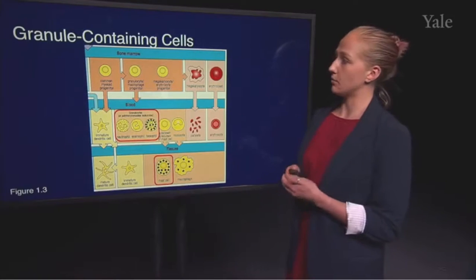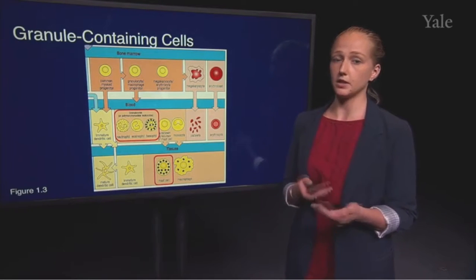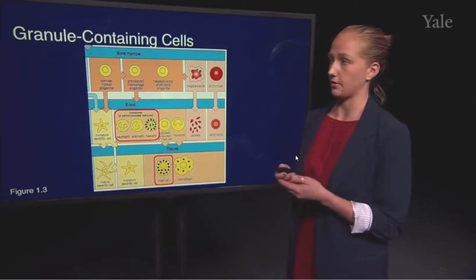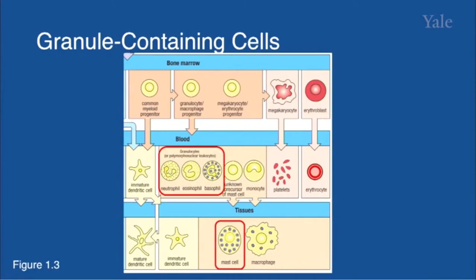So now that we've talked a lot about granule-containing cells, very general properties of these are that they're innate immune cells that contain granules that contain bioactive enzymes that function to protect our bodies against invading pathogens.